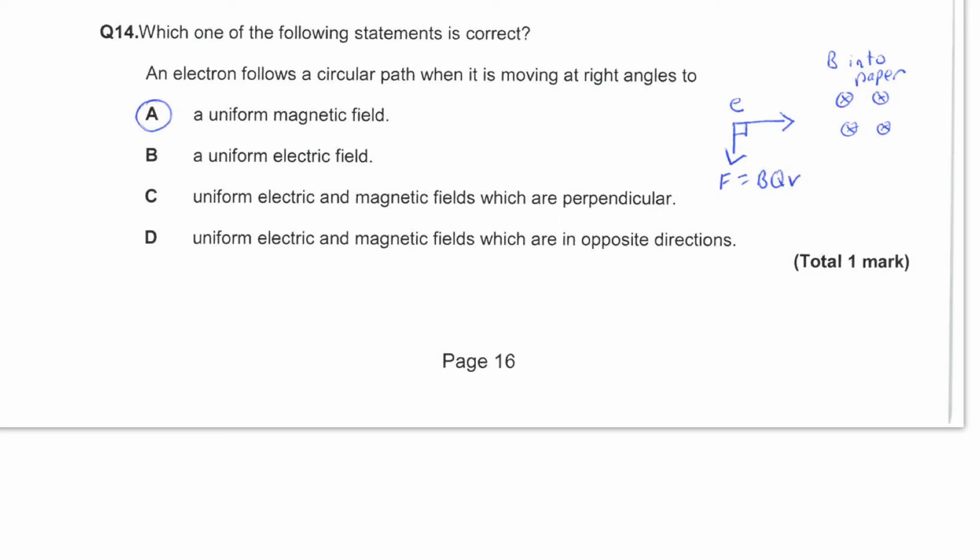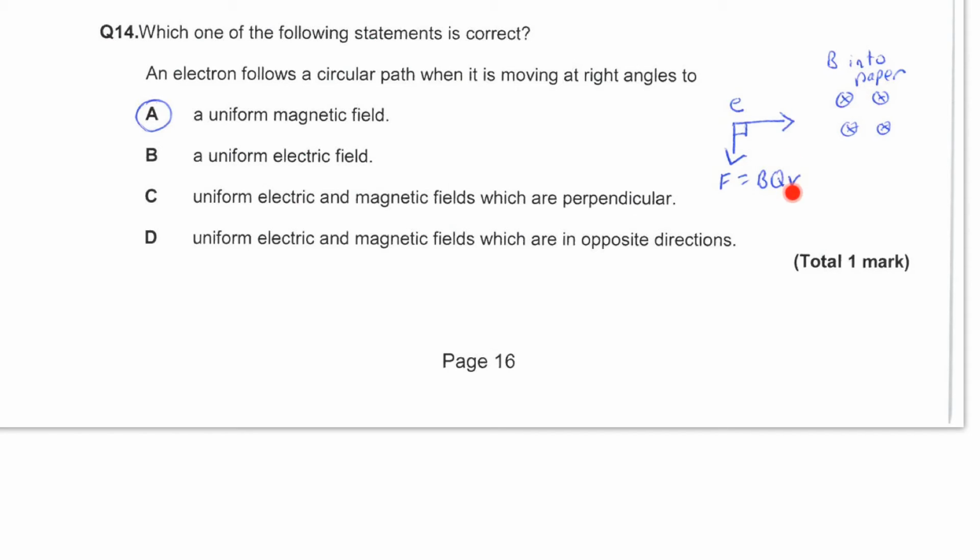If you consider a uniform electric field and the effect that that would have, if an electron was moving as this one is from left to right, and there was a field acting from negative to positive in this direction, or positive to negative, then the electron would experience a downward force as in this diagram here.